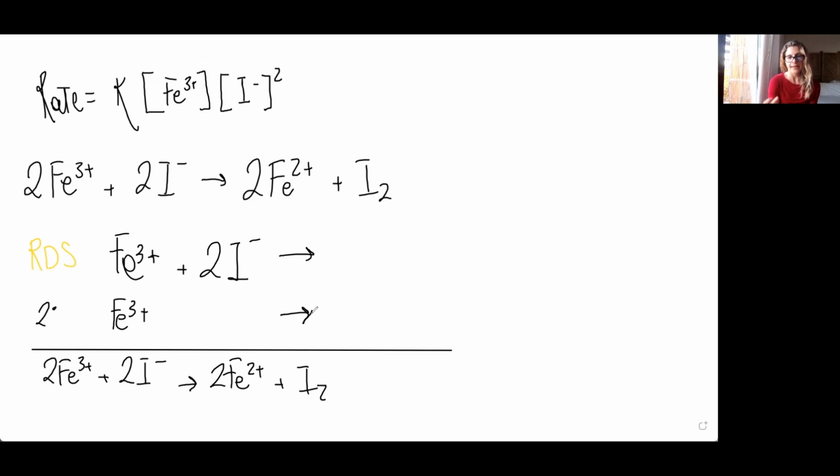Here you play around a little bit, thinking maybe in the first step we will have at least one of the products that is formed, and then maybe an intermediate. That intermediate is what would react further in the second step to then cancel out and give whatever else is formed in the overall equation.